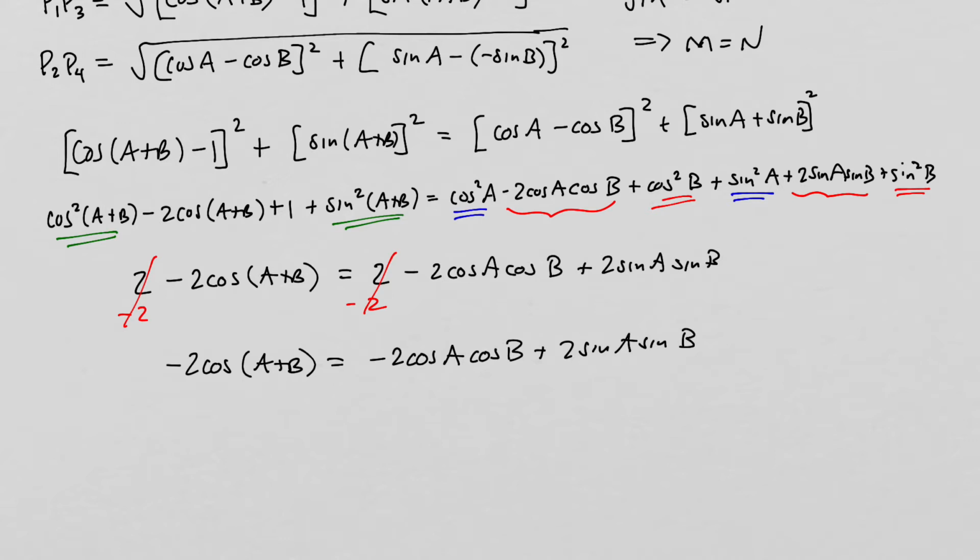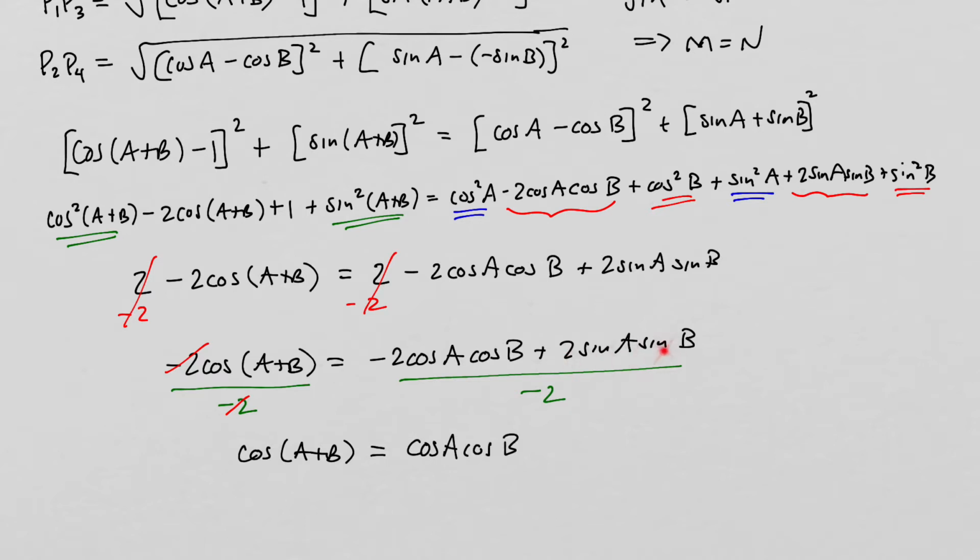And the last step to figure out what cosine of A plus B is simply to divide both sides by negative 2. On the left side, these will cancel out, which will leave us with the cosine of a plus b. And on the right side, the negative 2 cancels with the negative 2 here, which gives us the cosine of a cosine of b.